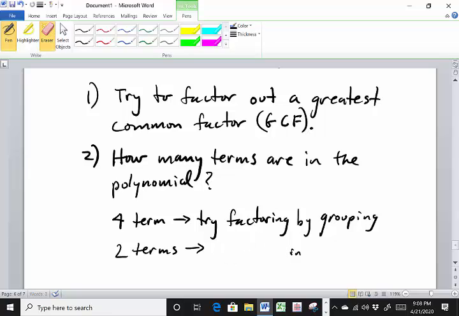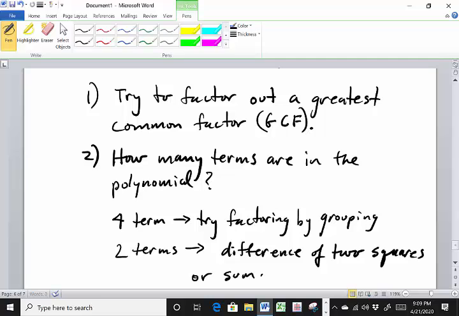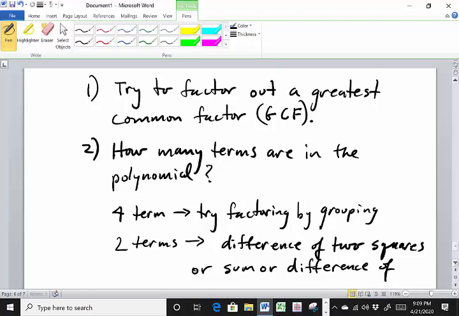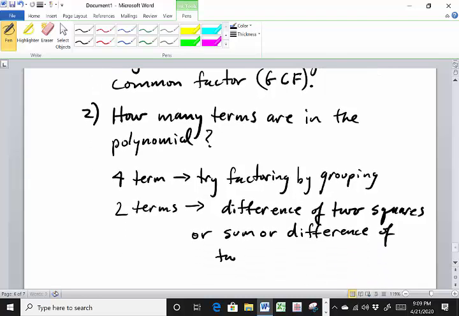You want to see, so 2 terms, difference of 2 squares. Okay, just talked about that. Or it could be sum or difference of 2 cubes, right? All right.